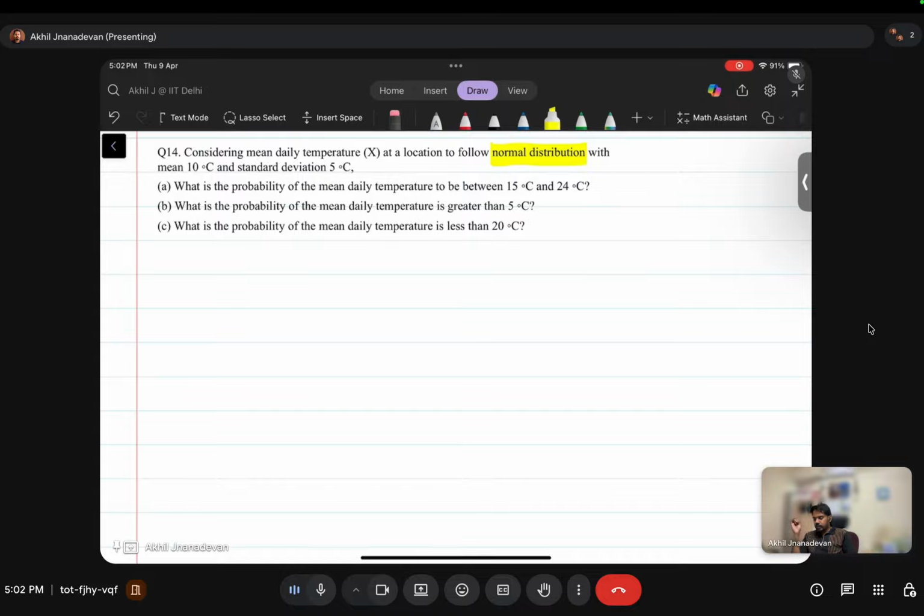So we have to use a normal distribution, and it has two parameters, mean and standard deviation.